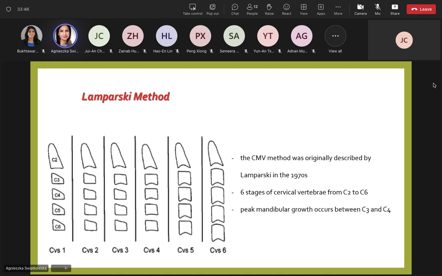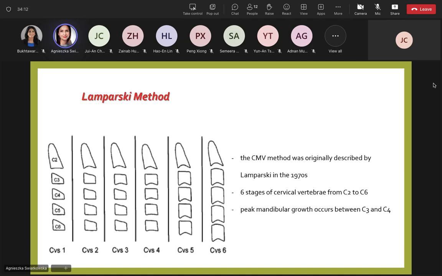And he used this method for five vertebrae from second to sixth, as you see here. And he used it in 6 stages. For this Lamparski method, we need an additional X-ray, the X-ray of the neck.